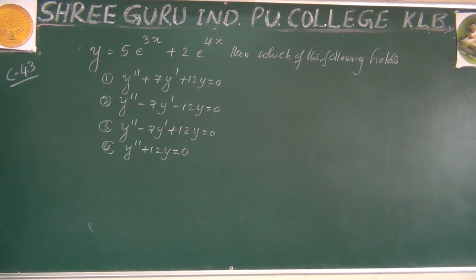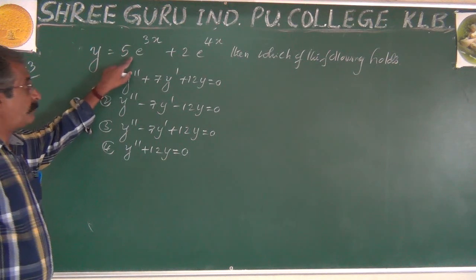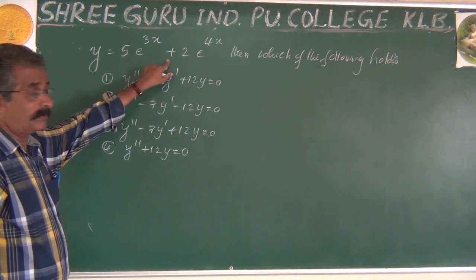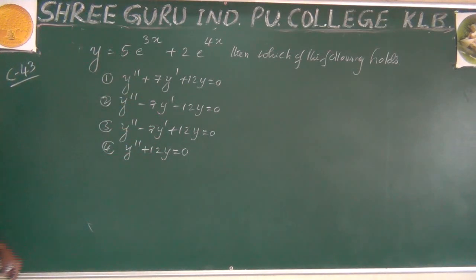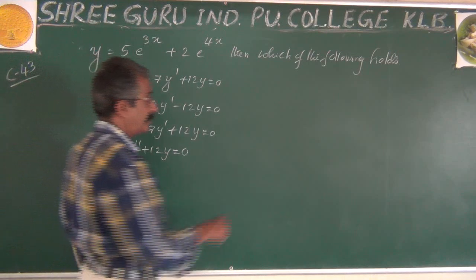It's not an easy one. Easy for theory, but not for an MCQ examination, because you have to get y dash, y double dash, and simplify. You have to verify which of these four will be satisfied. And we have one shortcut method, or one standard result, for this kind of problem. Recall theory class.